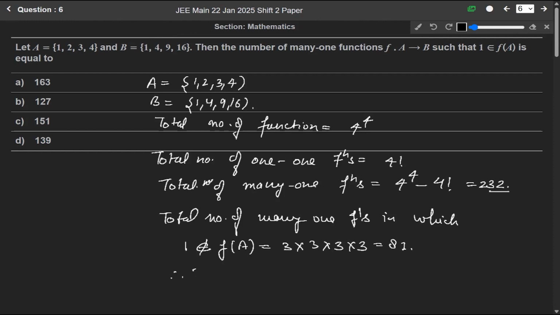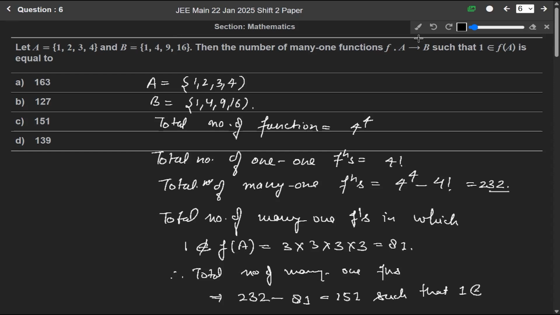So therefore total number of many one functions will be this 232 minus this 81. So it will be equal to 151 such that this 1 belongs to f(A). So 151 are total number of many one functions, means option C is the correct answer.